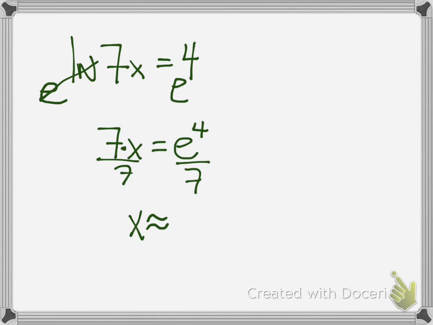So when I type that in, I press e to the fourth, divided by 7, and I get, interestingly enough, 7.7997. It's kind of weird that I got a lot of 7s and 9s there. Anyways, and there you go.